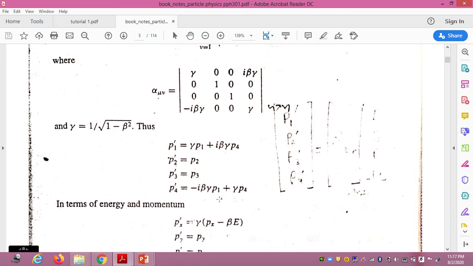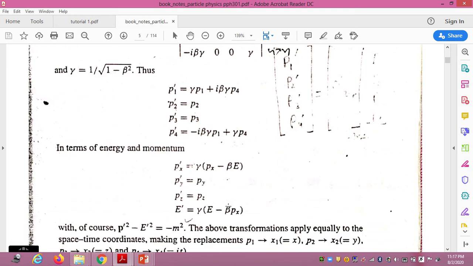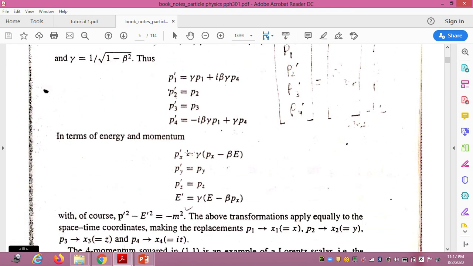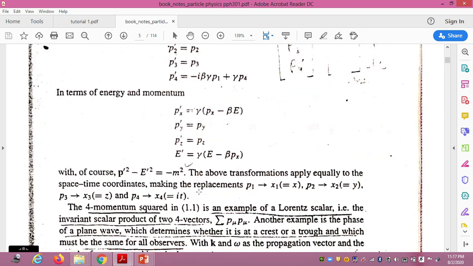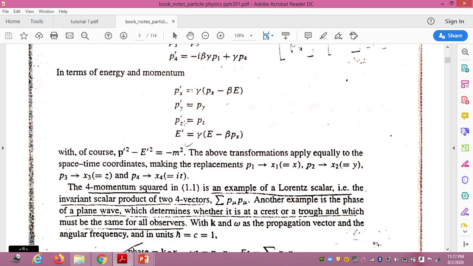Okay. Now in terms of energy and momentum, you can simply put P1 prime to be Px prime, and similarly P1 to be Px. That means we are talking about px, py, pz in the sigma frame of reference, and px prime, py prime, and pz prime in the sigma prime frame of reference. So in that way, they will be related to this here. Of course, the new parameters again follow the same rule.